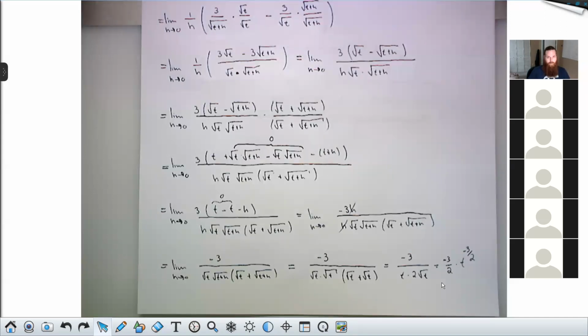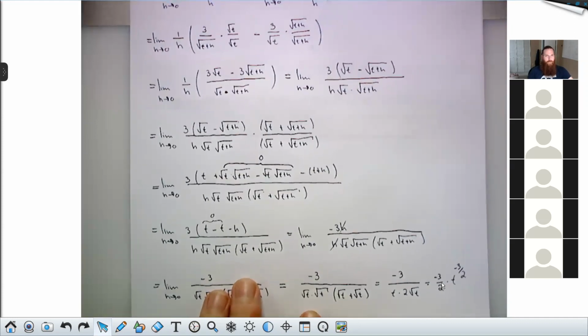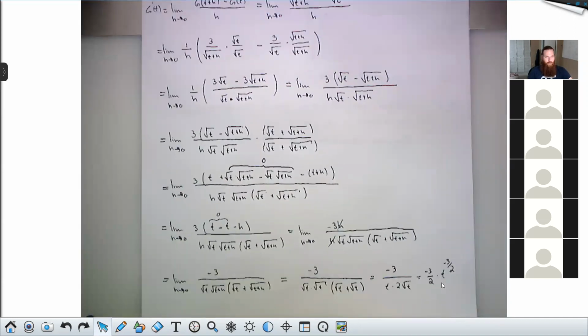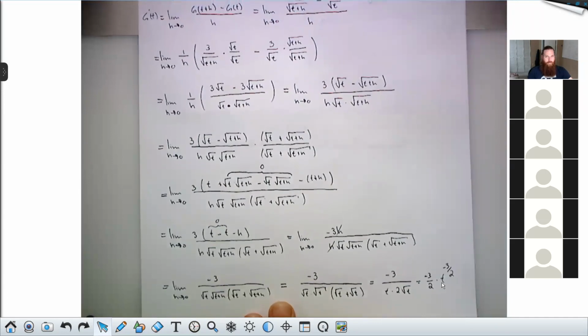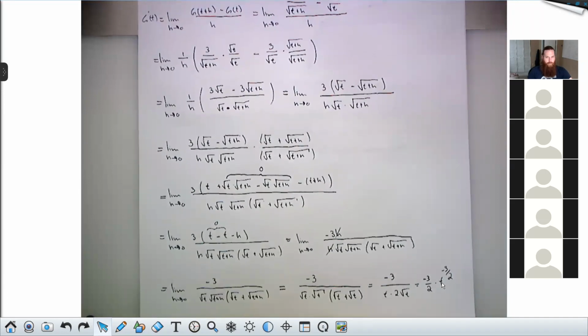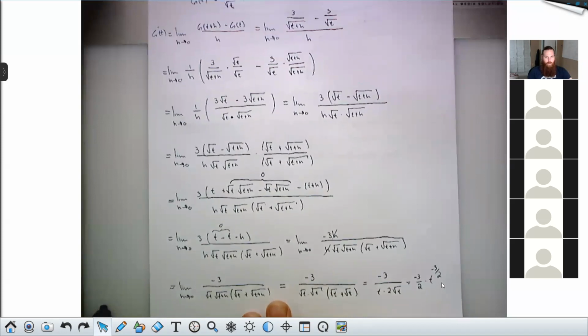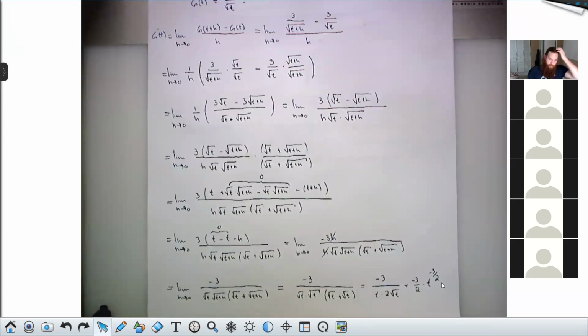I know that there's a lot of algebra here, so I want to make sure we're all comfy with what we did, why we did it, where it came from, where it went. So take a second to look over your notes and make sure they agree with mine. And then if you have questions about any one step after you've reviewed all your notes and you're sure everything looks correct, ask them.